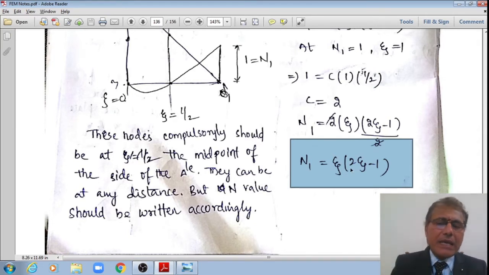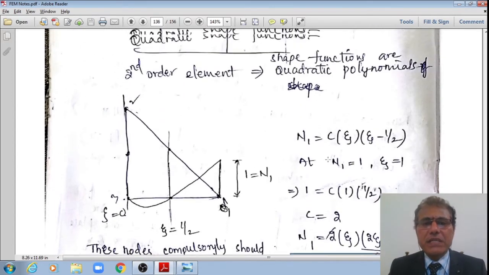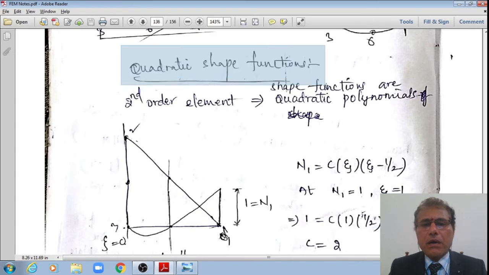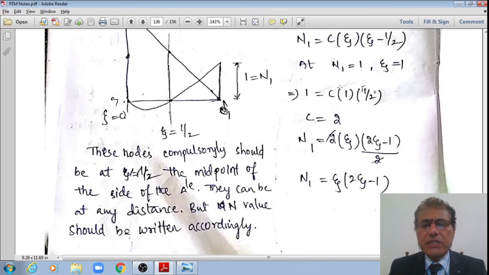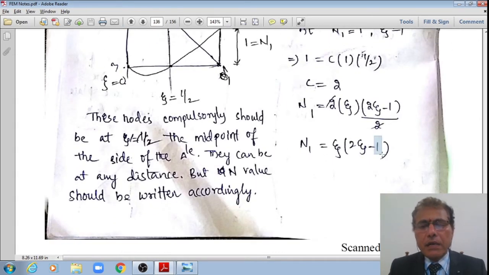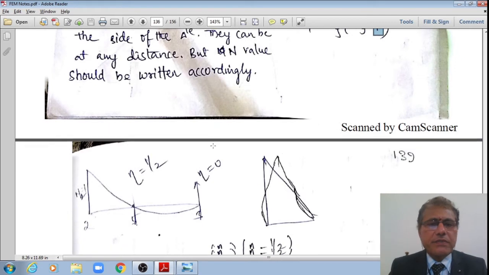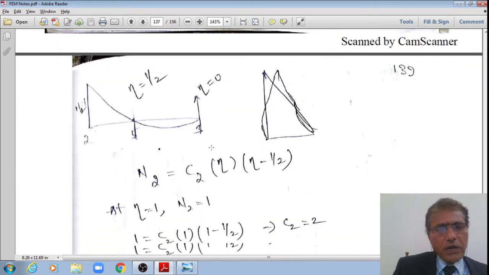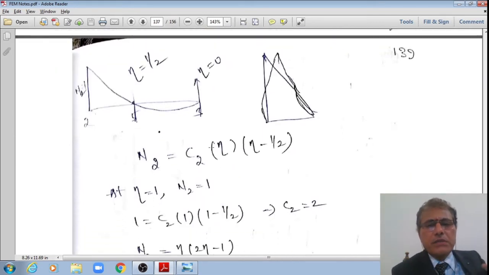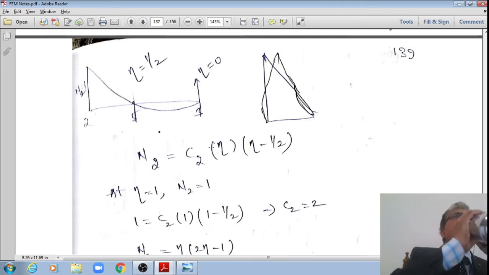Therefore it is 2 xi square. The order of that polynomial is second order. Hence these shape functions are sometimes called quadratic shape functions. Even the linear term is also there, minus xi. I hope students you are understanding these derivations of the shape functions. If you understood that, now let us move to the second shape function, students.